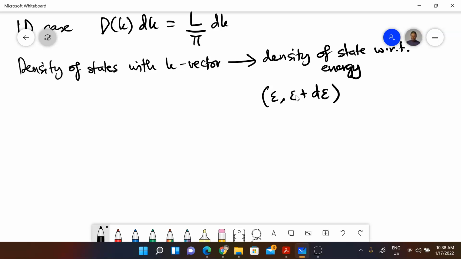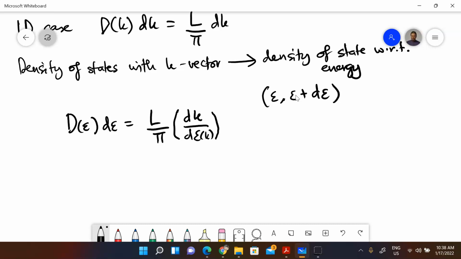So what do we do in this particular case? We write it in this way, d epsilon, and then you have L over pi, and then you use some kind of chain rule, dk over d epsilon, with epsilon k as a function of k. So this is the 1D case.